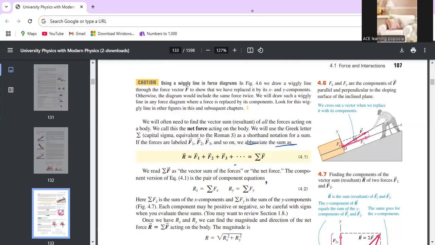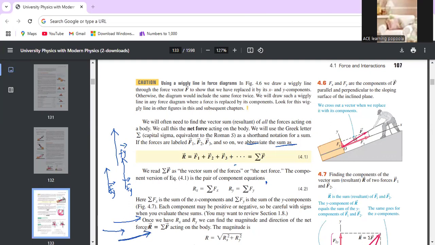Just to further elaborate on what I mean, say there are several forces acting like that in the same vertical direction. We have Fy, and so on, Fy. And then we have several horizontal forces also acting.